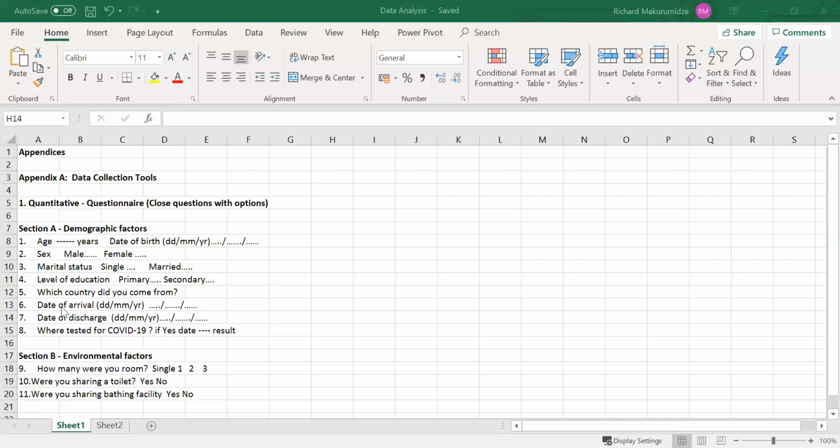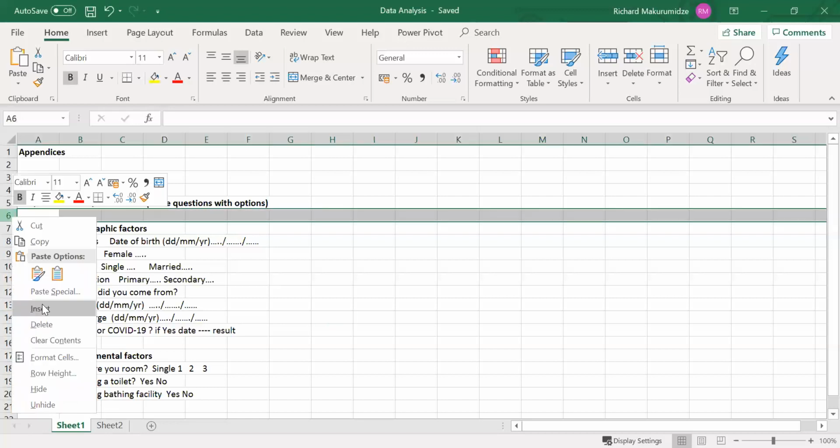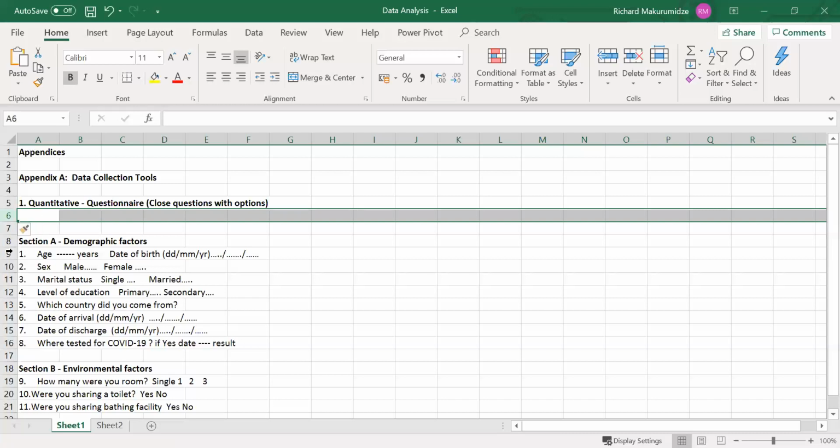Before you proceed with data analysis, you are supposed to create what we call a database. One of the things which is missing here, which is supposed to be on every questionnaire, and I didn't put it, is very important.